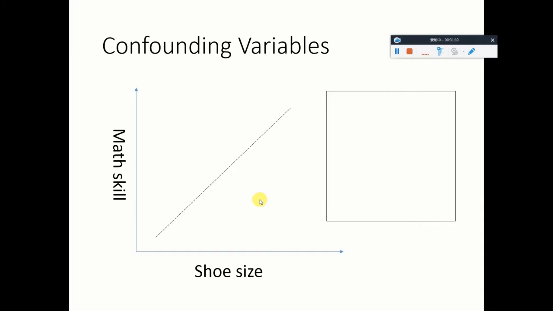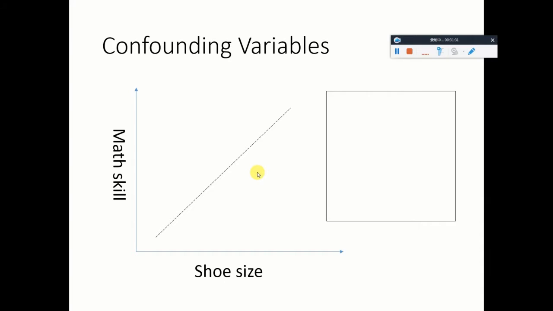Another way to phrase this question is: is there a third variable whose existence causes this fake or spurious correlation to exist?